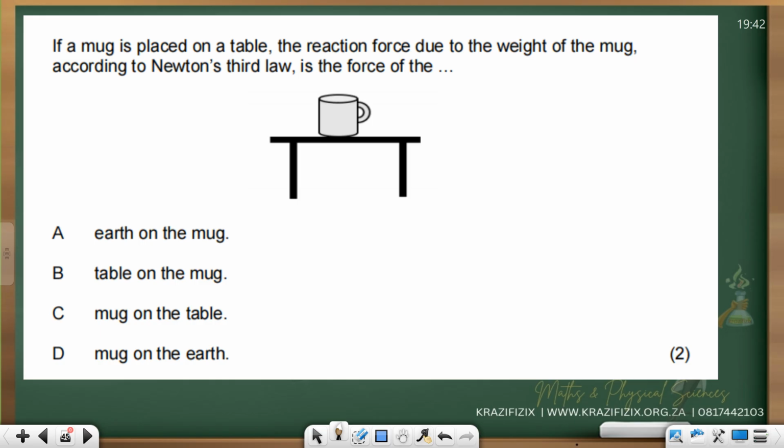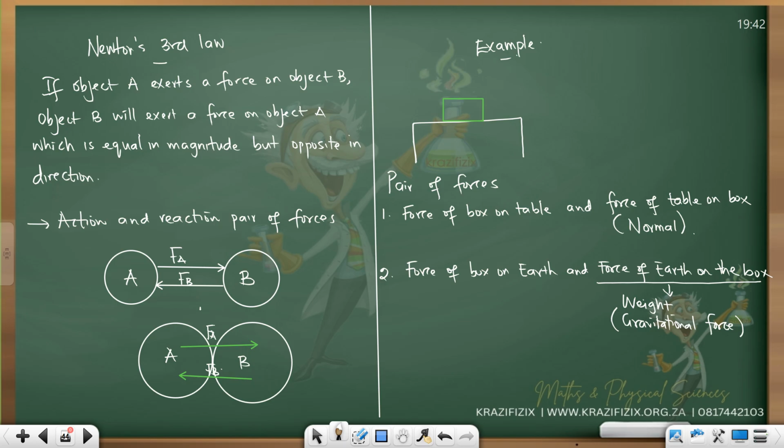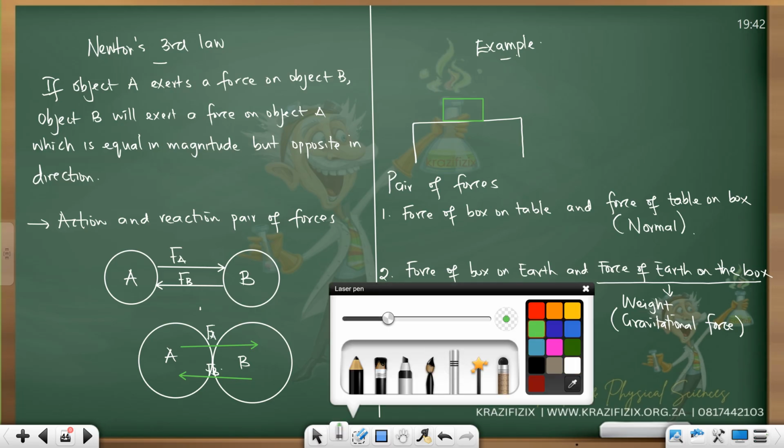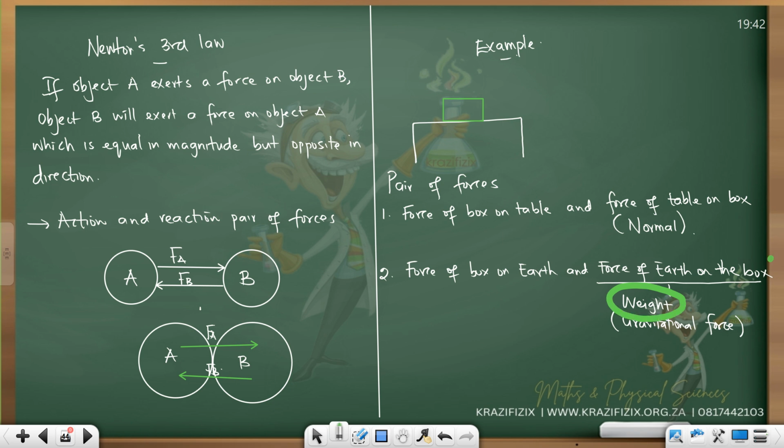Given, what is the weight? Please look at the note. Look at number 2. Force of the box on the earth and the force of the earth on the box. And the force of the earth on the box is called the weight. It is box and earth. That's what we mean by weight.